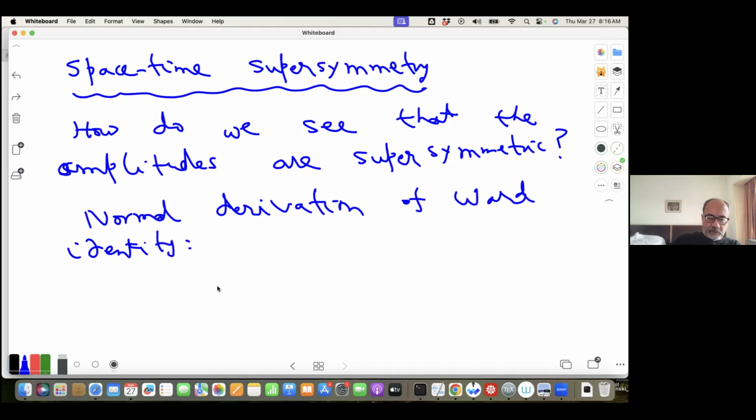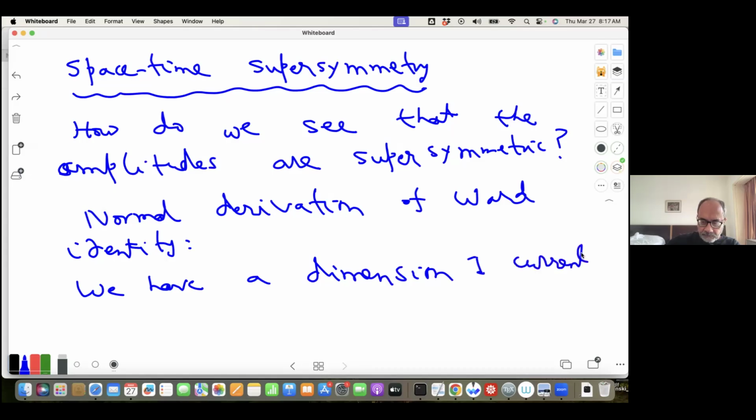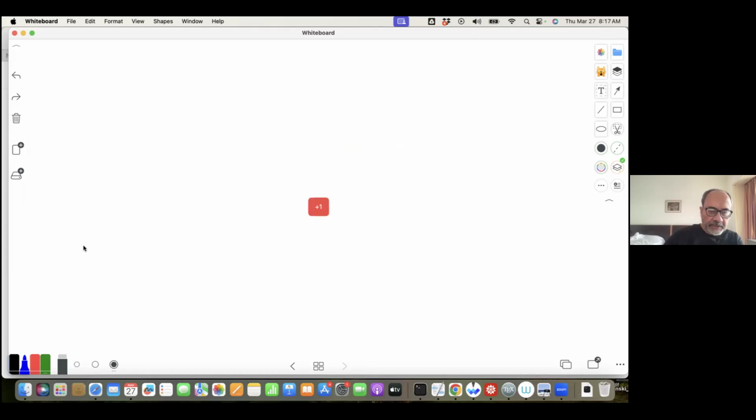The way it goes is that typically we have a dimension 1 current, which could be holomorphic or anti-holomorphic, let's say J of z or J bar of z bar.